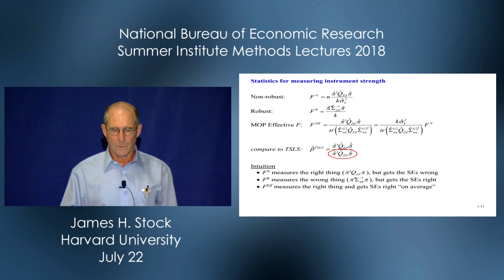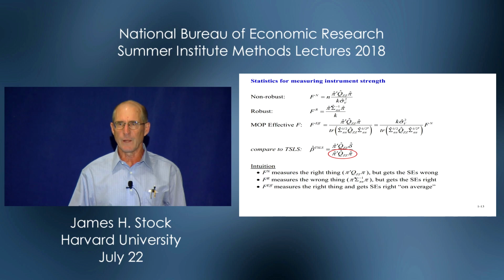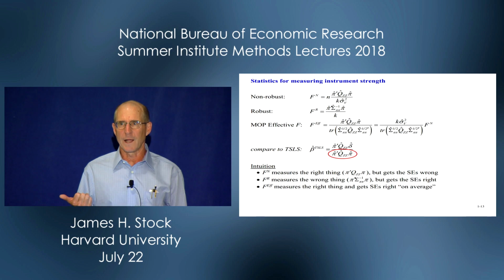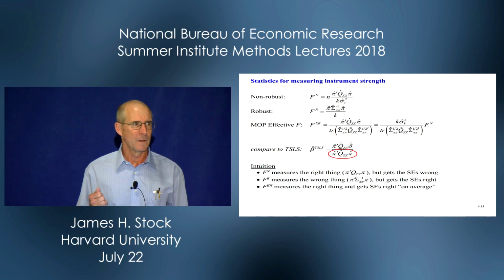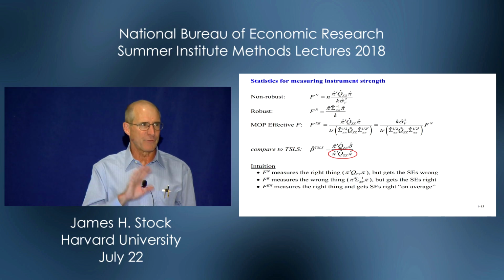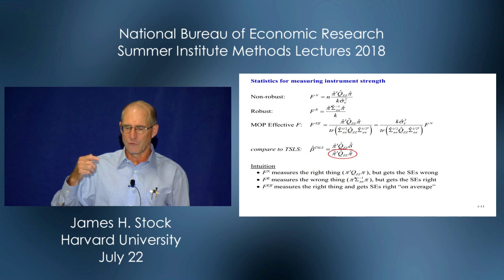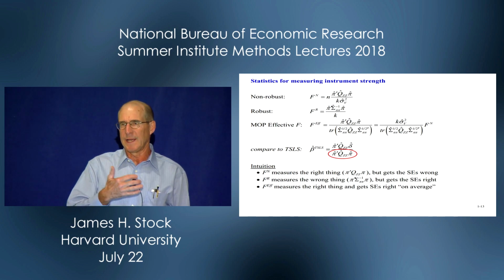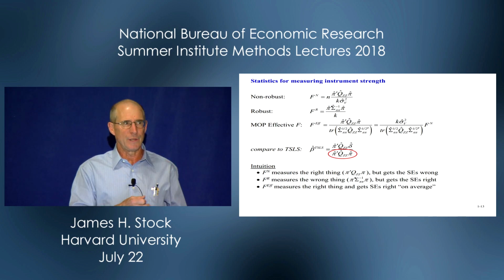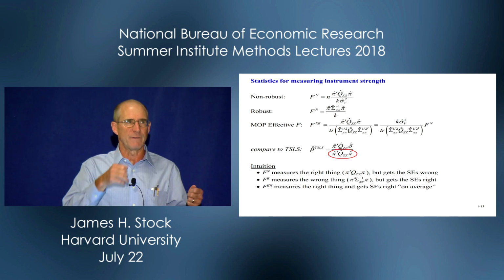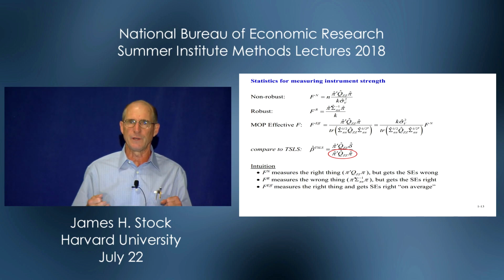And so what this effective F statistic does is it says, okay, we want to measure the right thing, the thing that's in the denominator. We're not going to be able to get the standard errors right, but it turns out this trace guy gets them right on average. It gets them right on average because, by this normalization, you're taking an inner product of chi-squared or non-central chi-squared, where the eigenvalues are now bounded between 0 and 1.